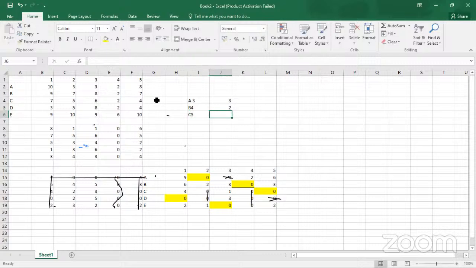How much is the cost? 4. Okay. D1. How much is the cost? 3. E3. How much is the cost? 9. Is that clear? Total cost you can write down here. 21. How much? 21.